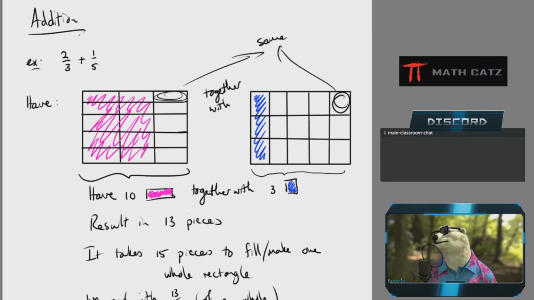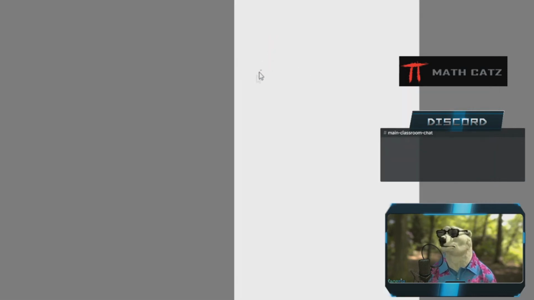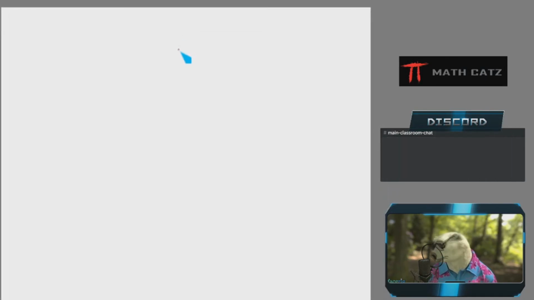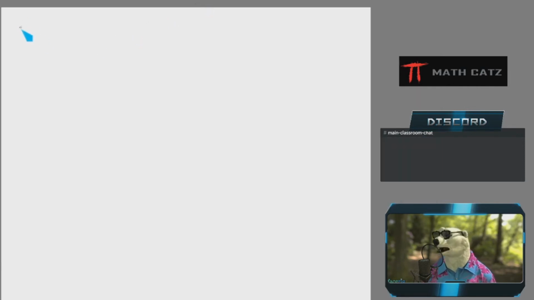So let's see how we can alleviate that potential question that little Timmy might have because the pieces don't look the same. And we can do that with our next example. 1/4 plus 5/6.